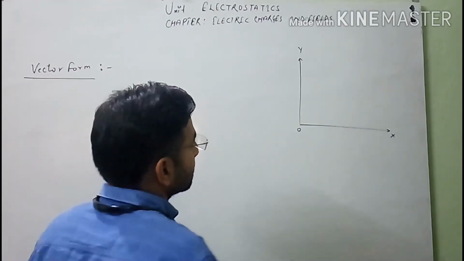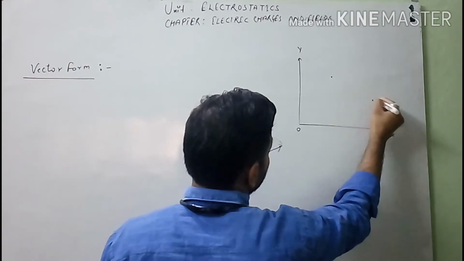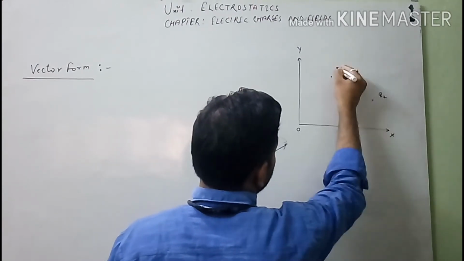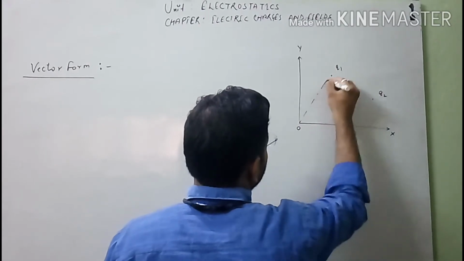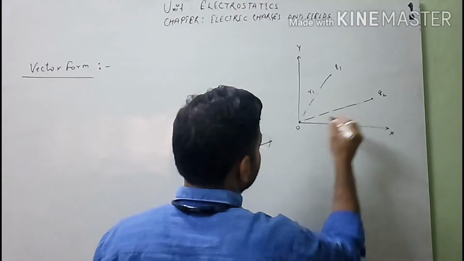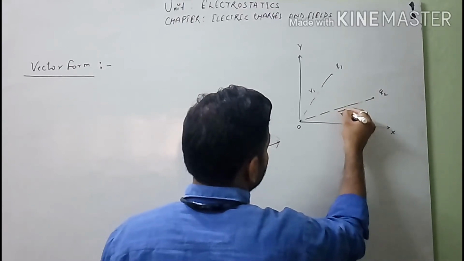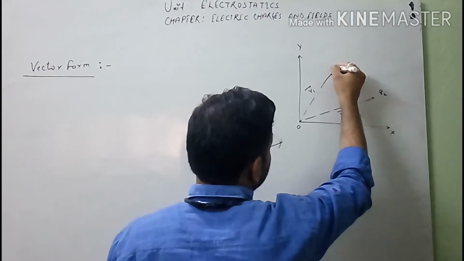So for that I consider two charges Q1 and Q2 with position vectors R1 and R2. This is Q2, this is Q1, with position vector R1 and this one R2.